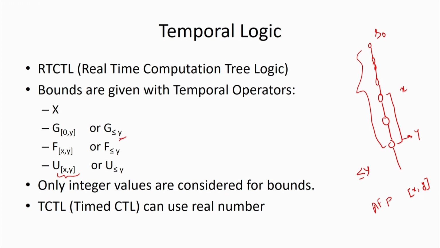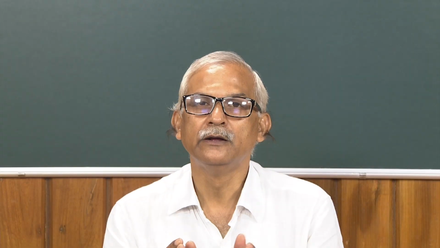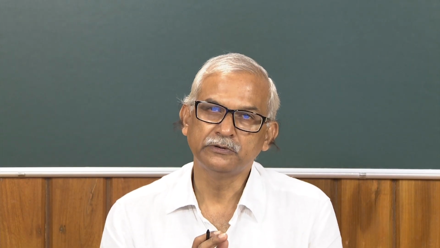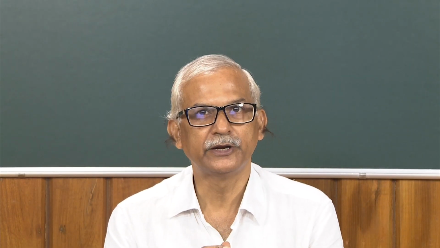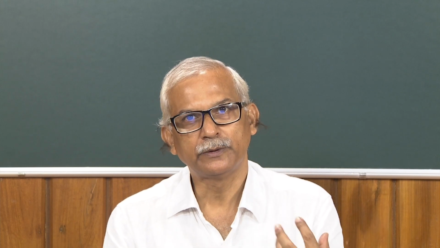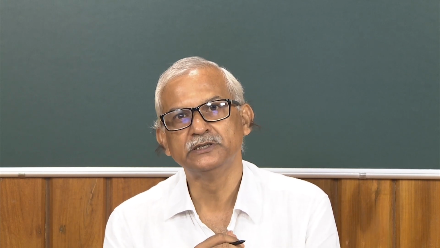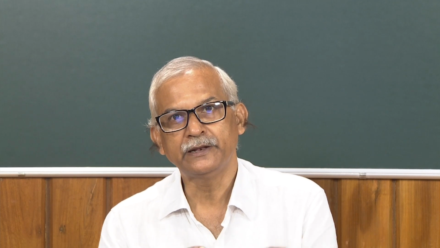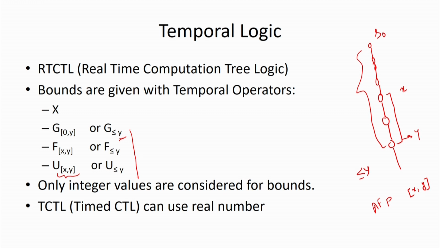This is the way we can indicate a quantity. Those model checking algorithms we have discussed can be implemented to take care of those particular bounds also. So, in RTCTL, real time computation tree logic, we generally provide such a bound, and we say that within some specific time my given property should hold.